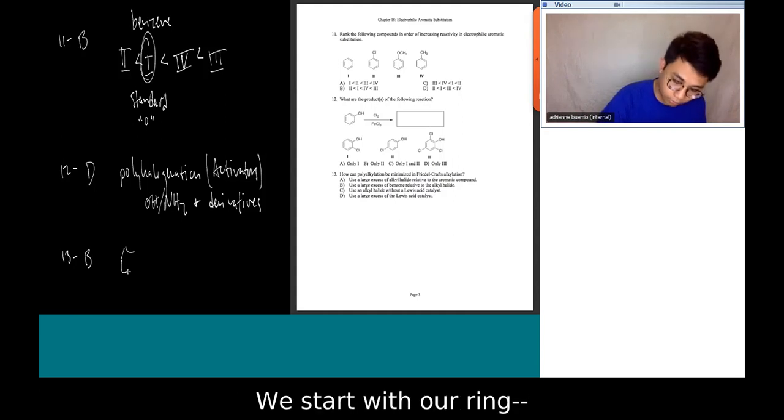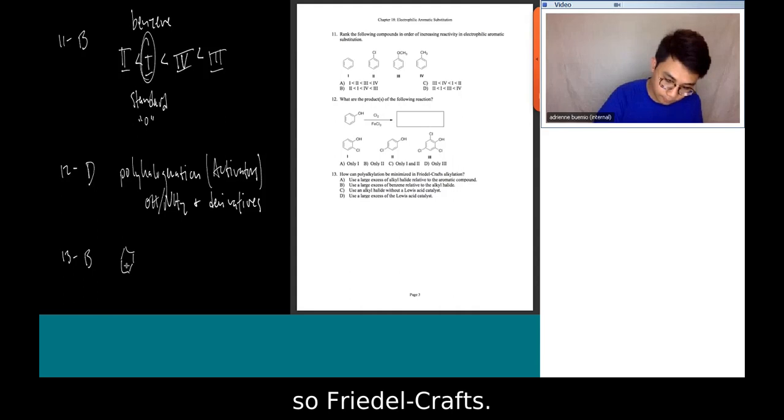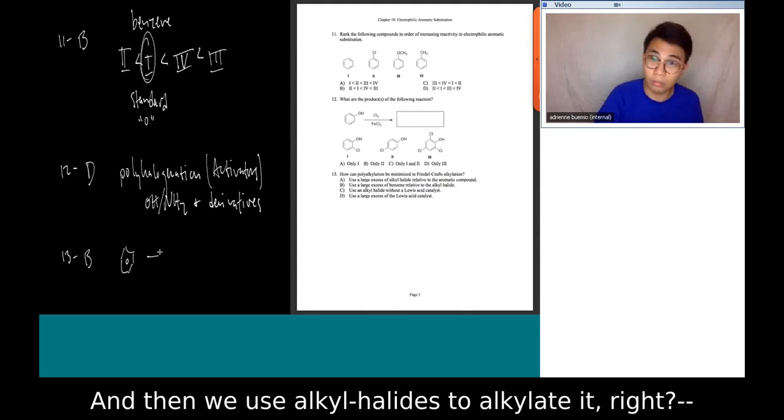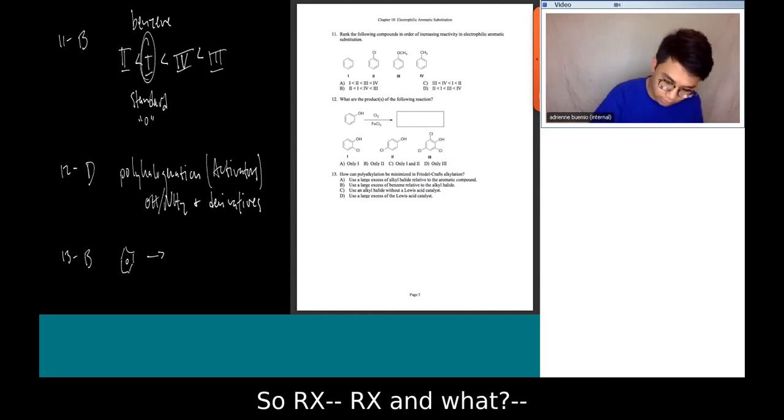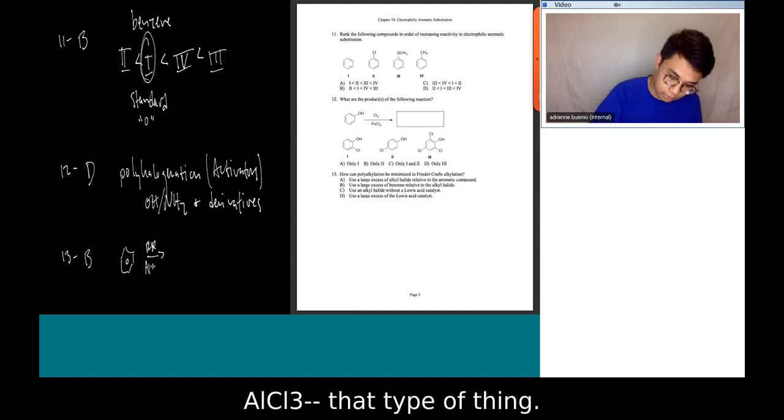We start with our ring, and then we use alkyl halides to alkylate it, right? Alkylation. So RX and AlCl3, right? That type of thing.